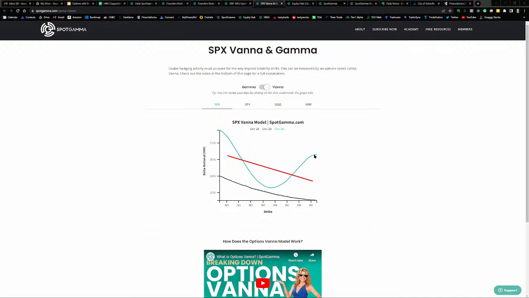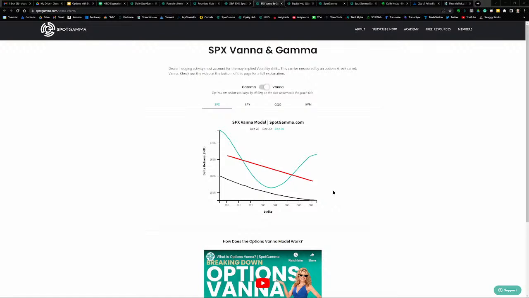That's the current expiration, and that is showing the Vanna effect. The black line shows the changes in delta exposure as time passes, the next expiration, and that's a charm effect. I think this is a very easy to look at visual representation of what I was just talking about.